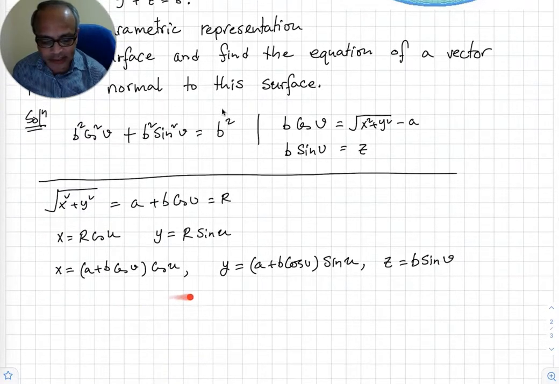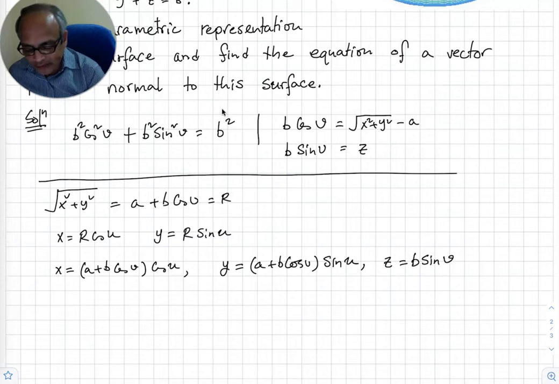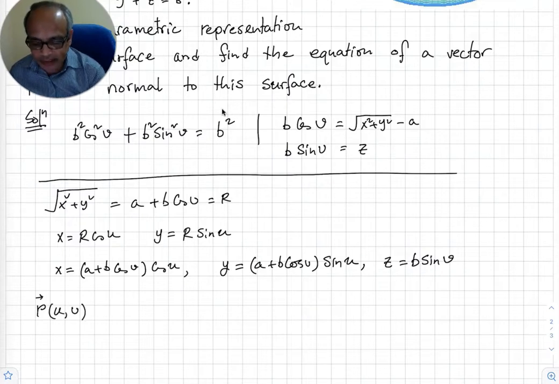So we have manipulated this equation to get something here, and you see that we have introduced new variables u and v, and maybe we can now write that down in a slightly different form. So let's assume I have a vector function r which takes two parameters, and write it in vector form.